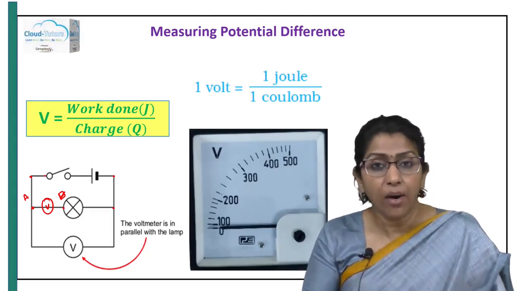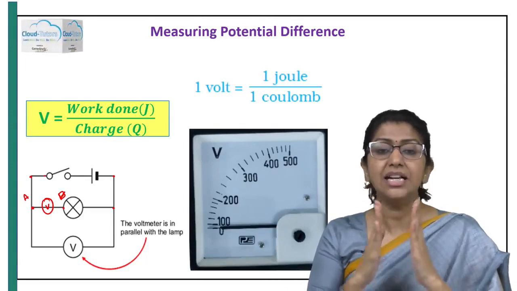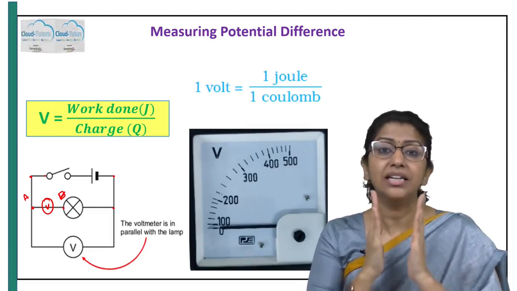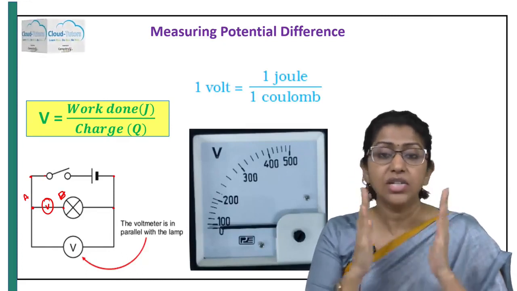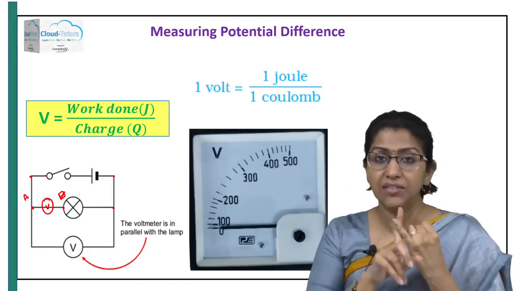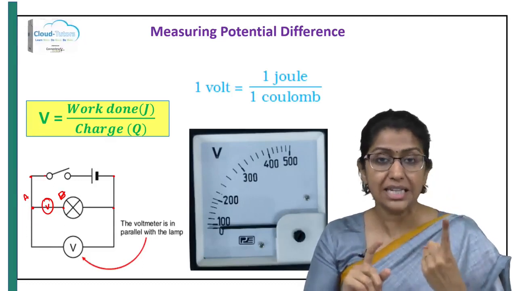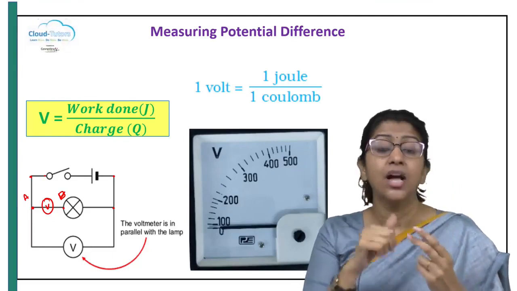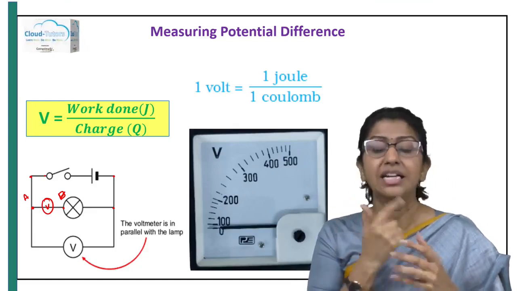So in order to avoid this, we need to bear in mind that a voltmeter needs to have maximum resistance, and it needs to be connected in parallel, across the component across which we are measuring the potential difference. So two things to remember: the ammeter needs to be connected in series and should have very minimum resistance, whereas the voltmeter needs to be connected in parallel and should have maximum resistance.